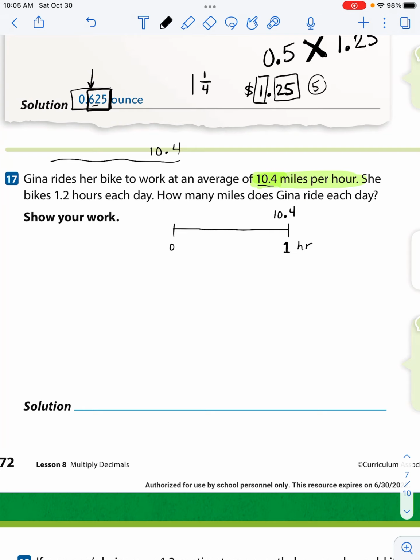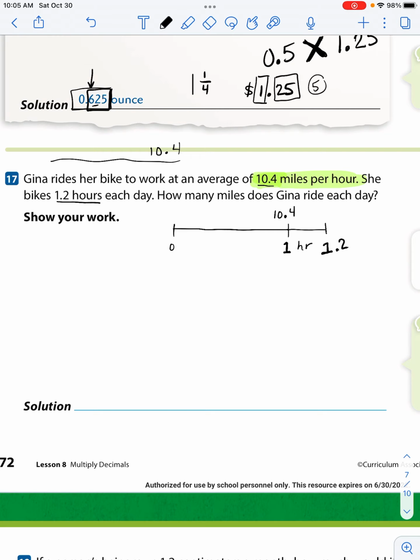Okay, let's keep that in mind. 1 hour, 10.4 miles. And it says she bikes 1.2 hours each day. So she goes technically another little 0.2. That's how much she actually bikes each day.